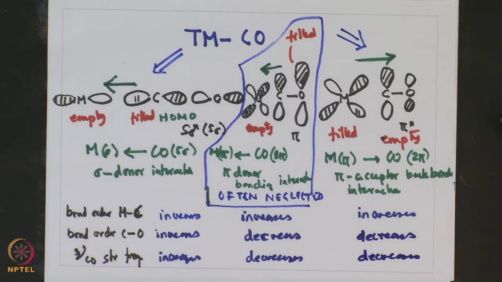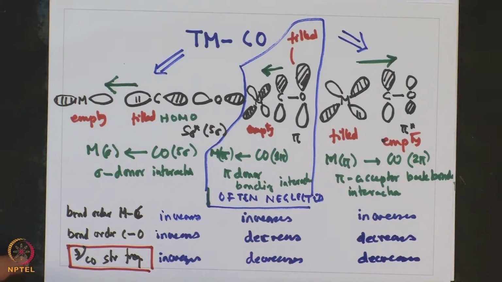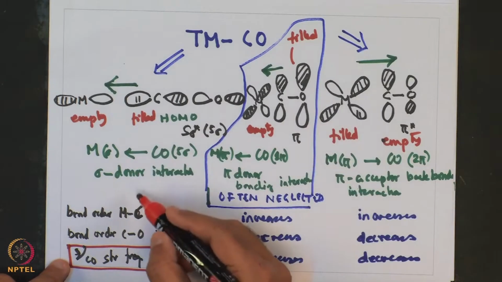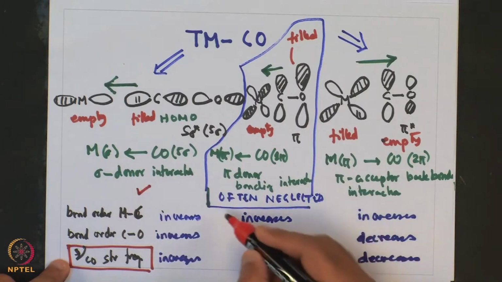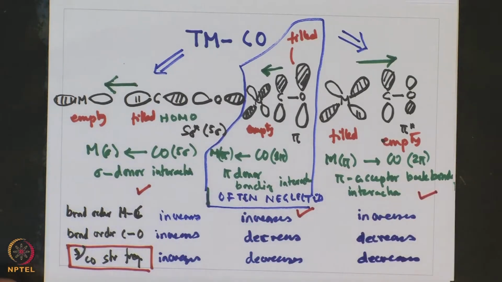Now, what we come to see is that this CO stretching frequency is an important experimental marker that can reflect on these three interactions: forward sigma donation, forward pi donation, as well as backward pi donation.